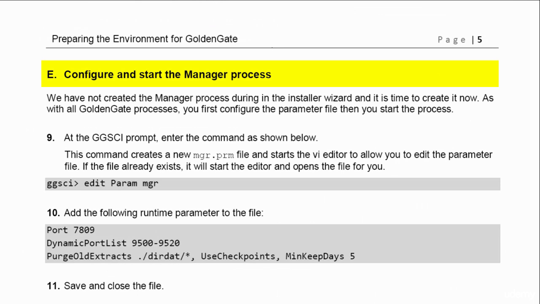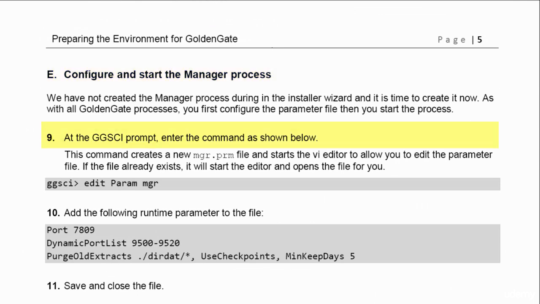Now you will configure and start the manager process. At the ggsci command prompt, enter the command as shown below, edit param mgr. This command will create the parameter file of the manager process and allows you to edit it using the VI editor.